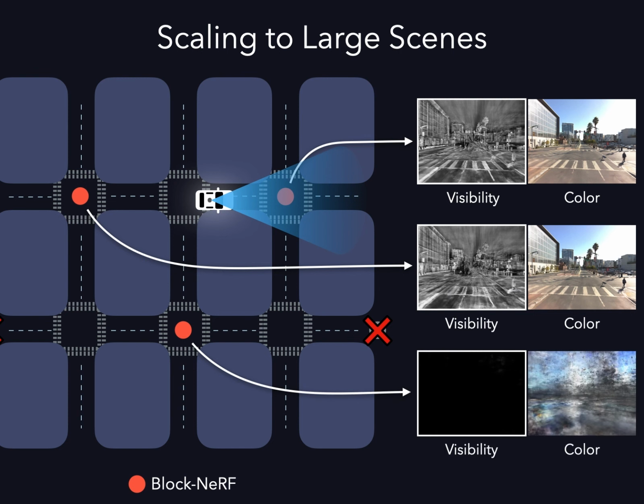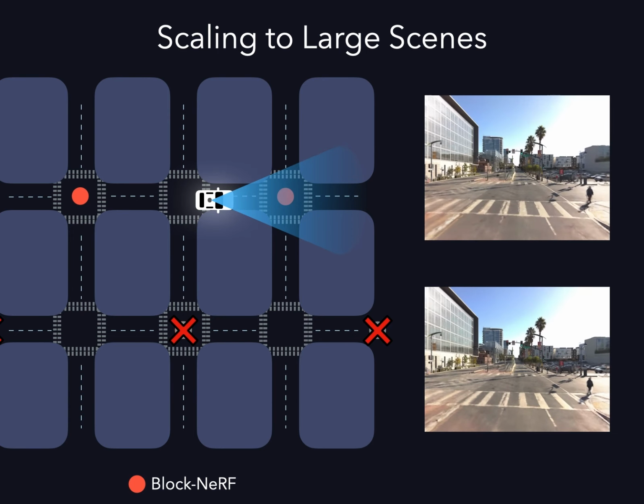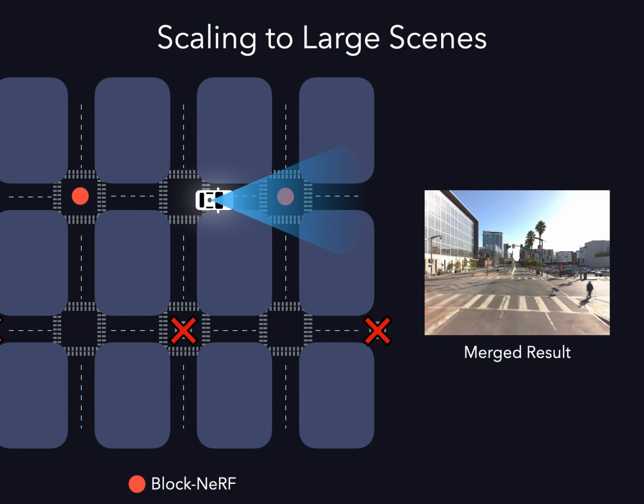Visibility is another network output, which tries to predict whether or not a specific pixel is within the line of sight of the training images it was trained on. In this case, black means low visibility, which is what we see on the bottom NeRF, and so we're going to filter that out. This leaves us with two images, which we're going to merge together using inverse distance weighting to produce our final render.